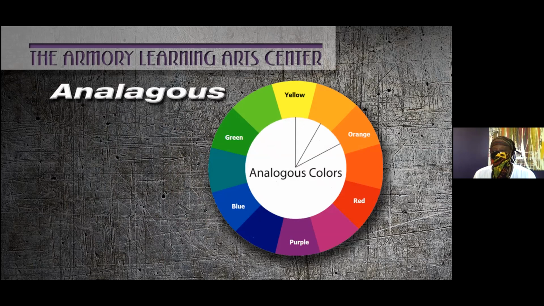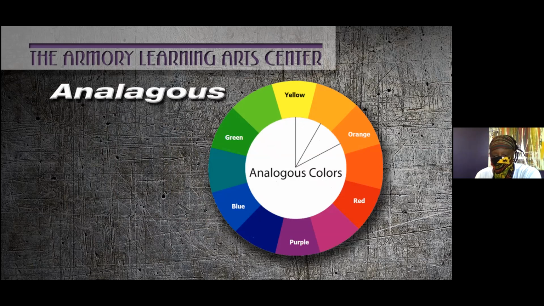Now, you also have analogous colors. Analogous colors are colors that are next to each other on the color wheel. So you've got yellow, orange, and red-orange. And then you have red or cherry red, and mauve.